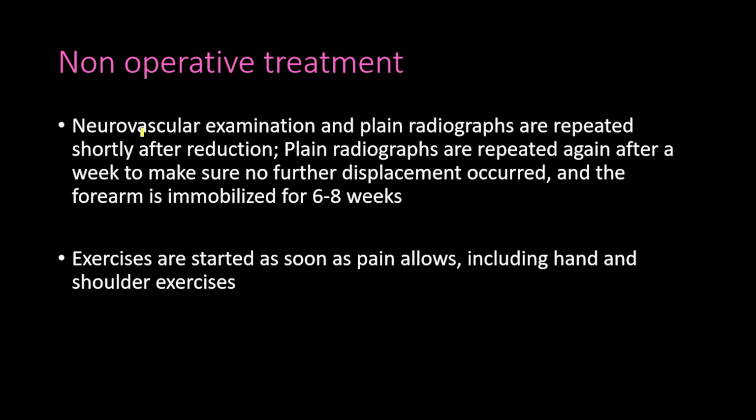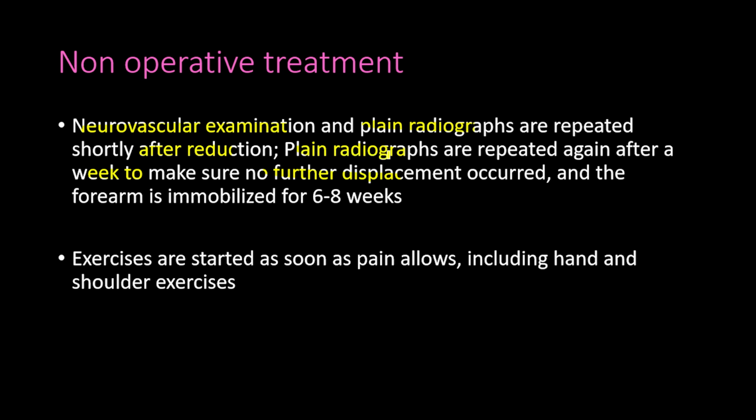Also, in the non-operative treatment, the neurovascular examination and the plain radiographs are repeated shortly after reduction to make sure that the reduction is good and there is no nerve or vascular injury that occurred during the reduction.